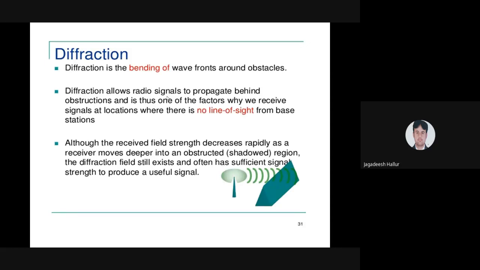Diffraction is nothing but the bending of a wave, because whenever your signal is moving through the air interface, there are a number of physical objects present in that area. So these physical objects cause diffraction. It is going to bend a particular signal.